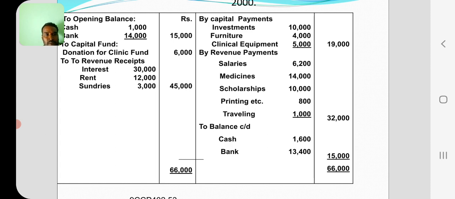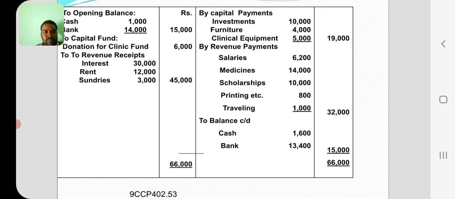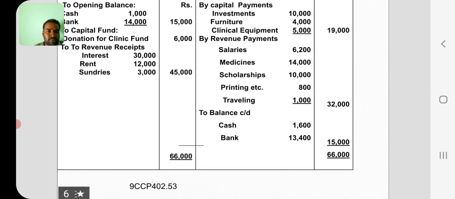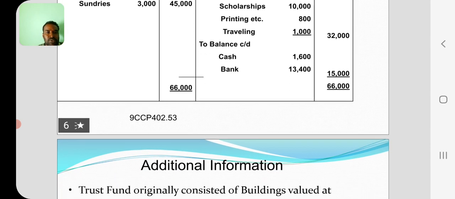Next, by revenue payments: salaries 6,200, medicines 14,000, scholarships 10,000, printing etc. 800, traveling 1,000, total is 32,000. By balance carried down: cash 1,600, bank 13,000, closing balance of cash and bank, total is 66,000.